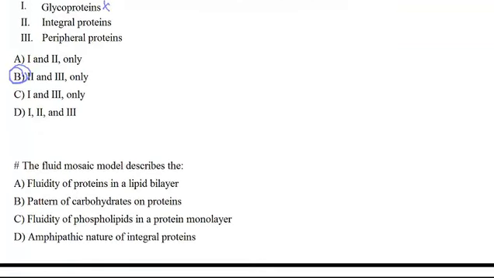The next question is, the fluid mosaic model describes the... So before looking at the answer, we described that this model explained that the fluidity of the cell membrane is because of the phospholipid and protein sliding past each other.